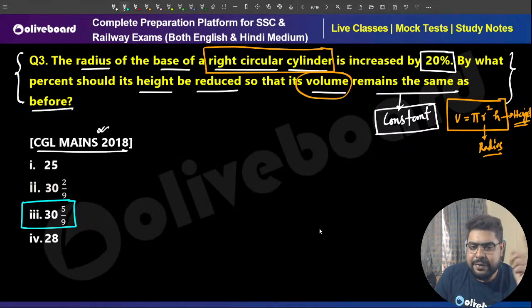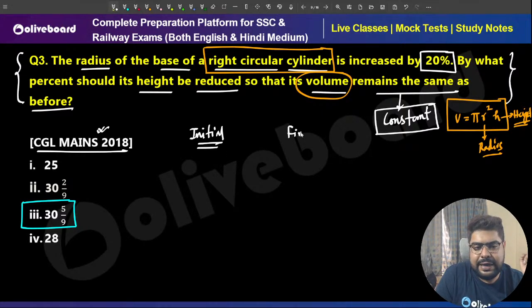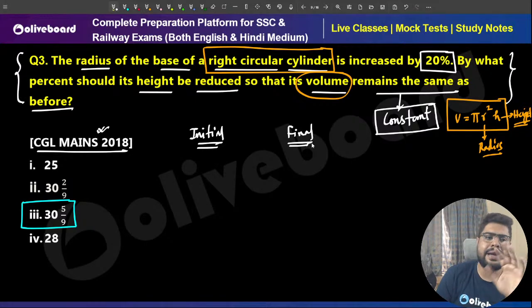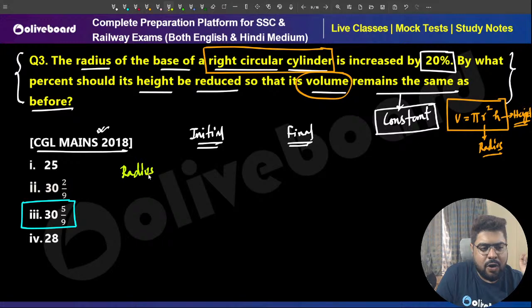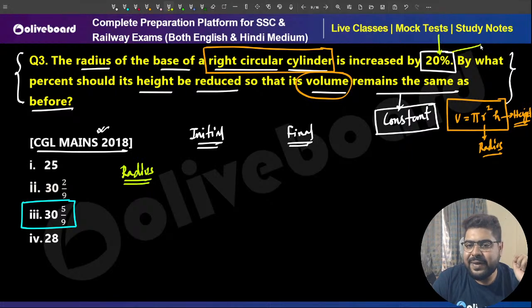Now let's understand what the initial values were and what the final value is after all the increments and decrements. The radius has increased by 20%. 20% means 1 by 5.